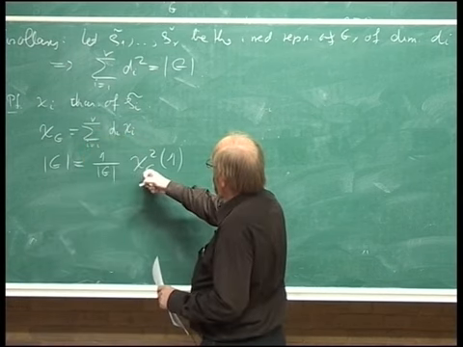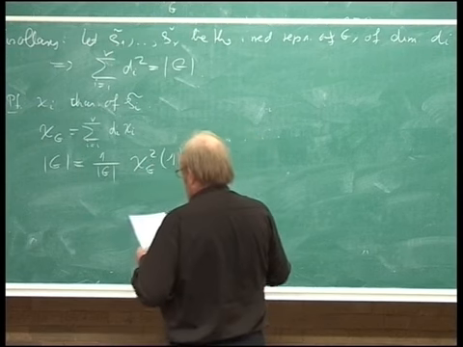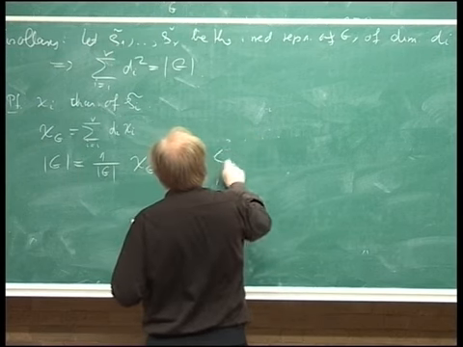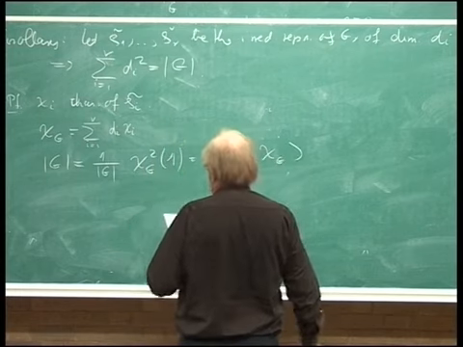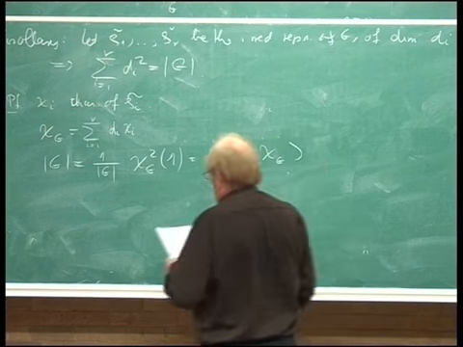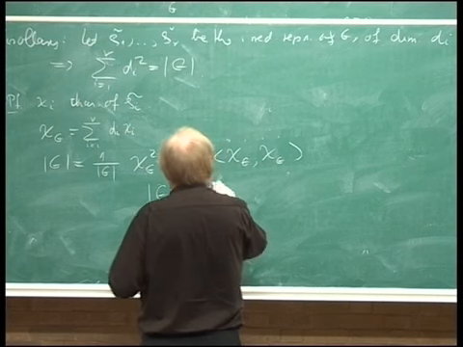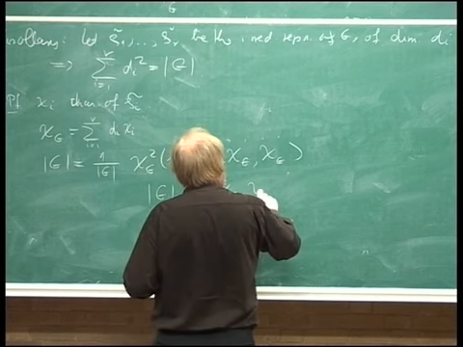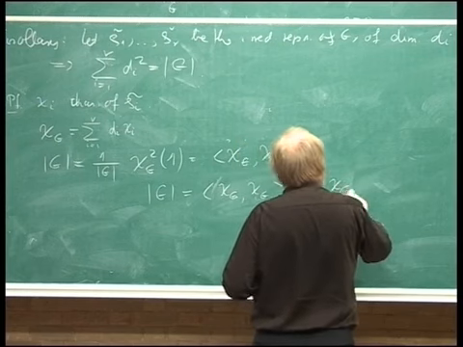This was the order of G. Chi of G at 1 is the order of G, squared over this. And this is the scalar product of chi G with chi G.